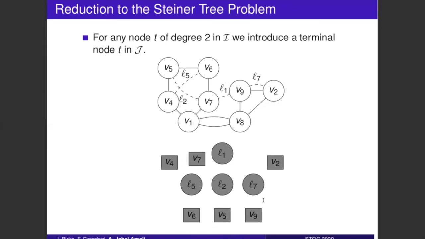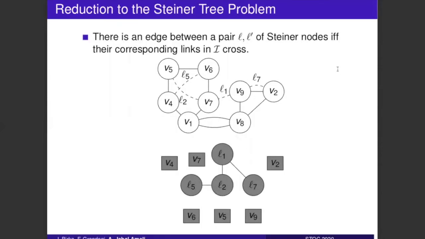Note that in order to distinguish between the Steiner nodes and terminals, we use squares for terminals and circles for Steiner nodes. If there is a pair L and L prime such that these links cross in I, we introduce an edge between the Steiner node corresponding to L and a Steiner node corresponding to L prime. So here, for example, you can see that L5 and L2 cross, and we have this edge from L5 to L2.